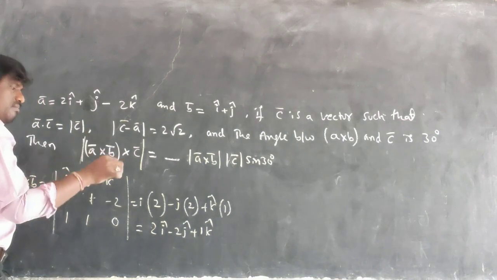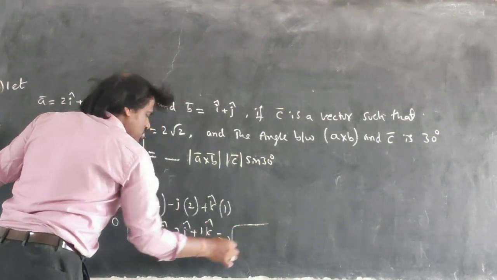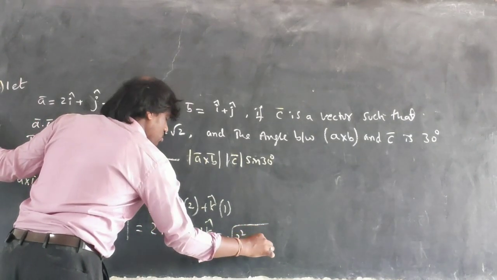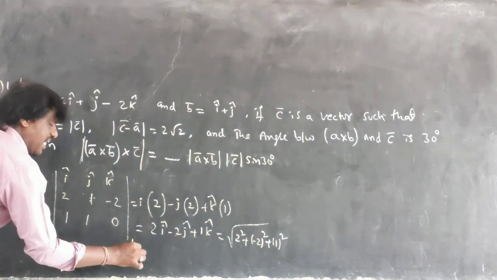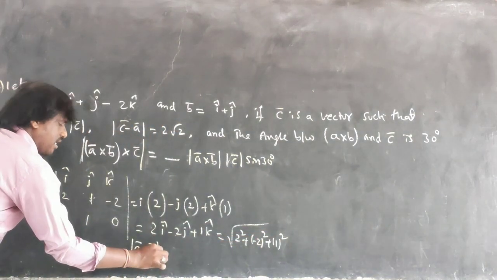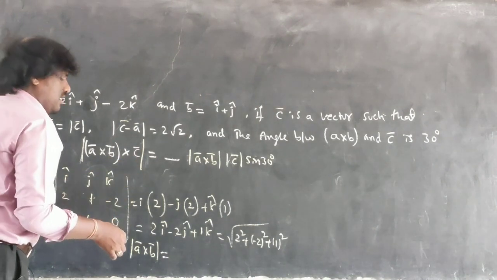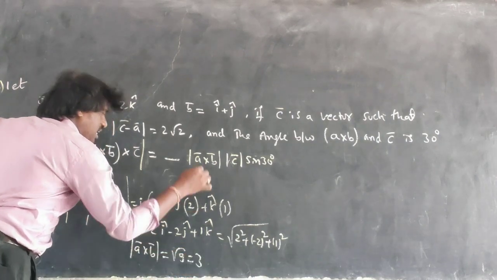What is the modulus of this? The modulus is the square root of 2 square plus minus 2 square plus 1 square. So modulus of A cross B is the square root of 4 plus 4 plus 1, that is the square root of 9. Square root of 9 is how much? 3.